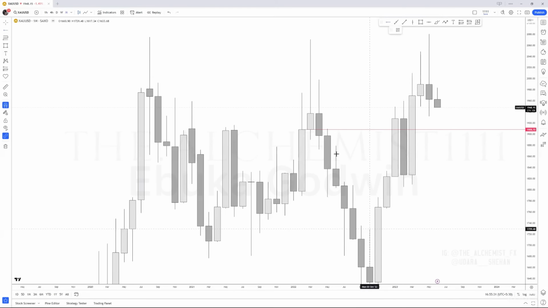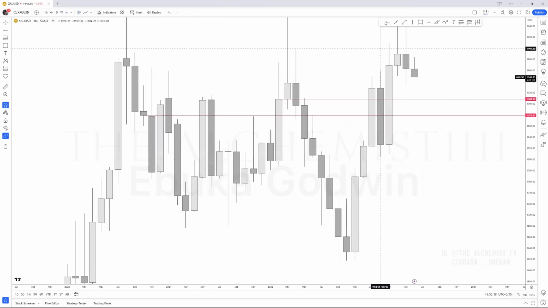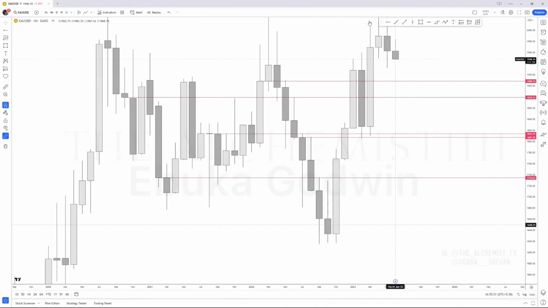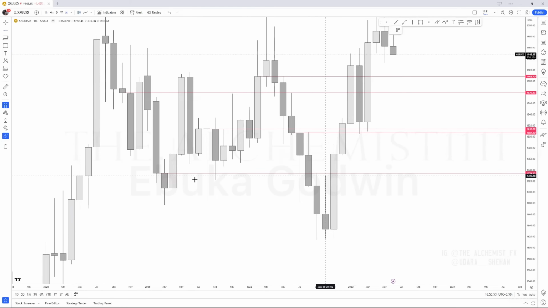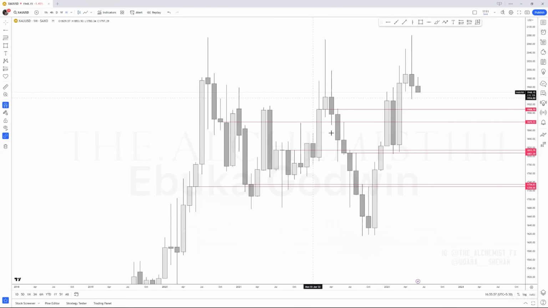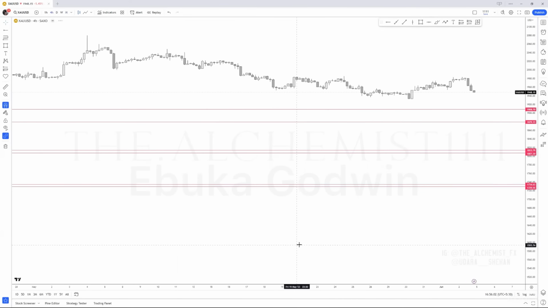Closing price. Where was the high of this candle made? Closing price. Again, closing price. Can you see that? We're not going to rely on this though. I'm just showing you how strong these monthly closing prices are.